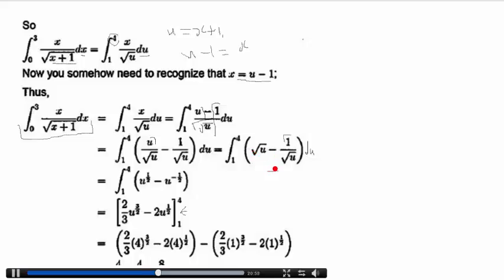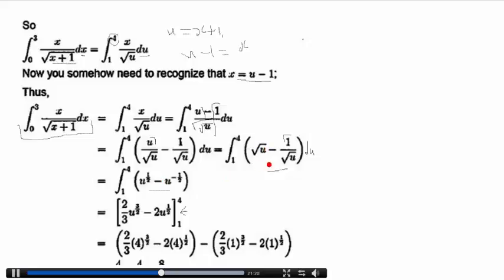So from here we can go to here. This is root u minus 1 upon root u, and root u can actually be written as u to the power half. Root of anything, let's use x in this case, is basically x to the power half. In this case it's root u, so u to the power half.